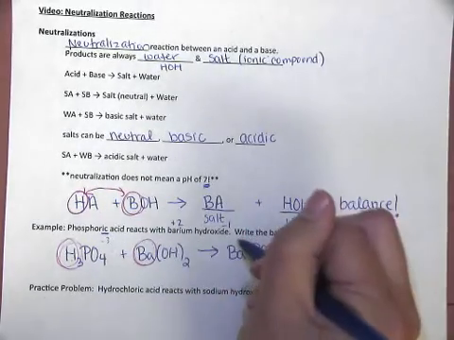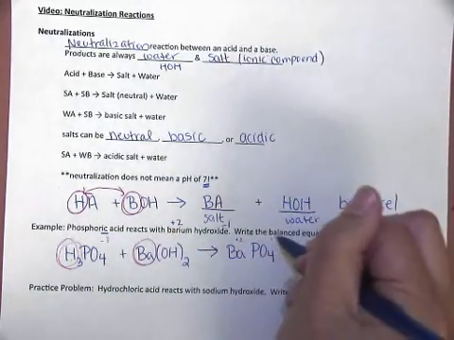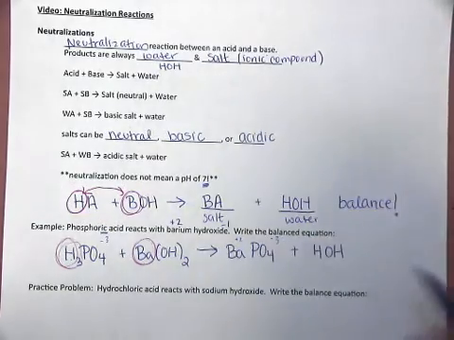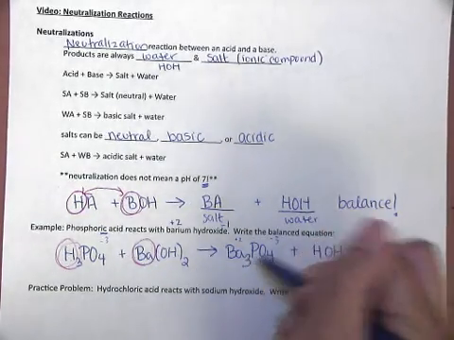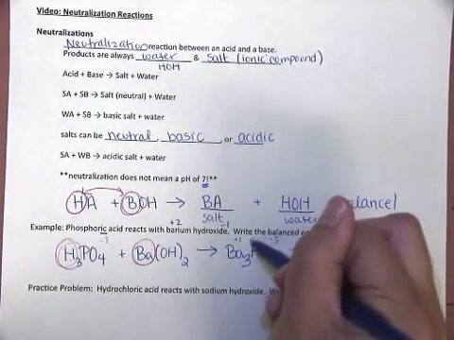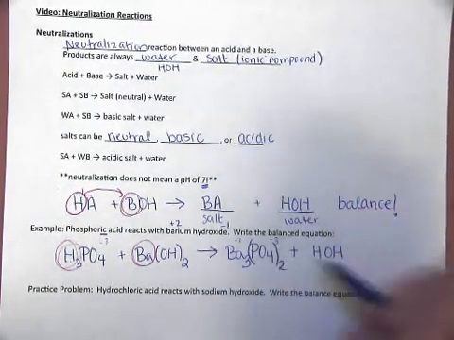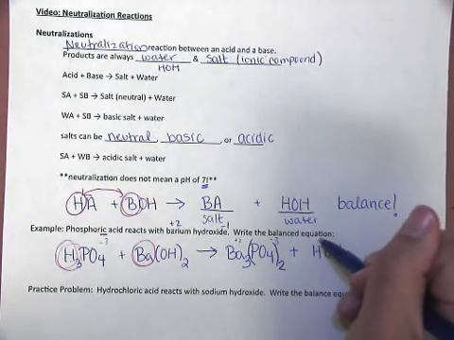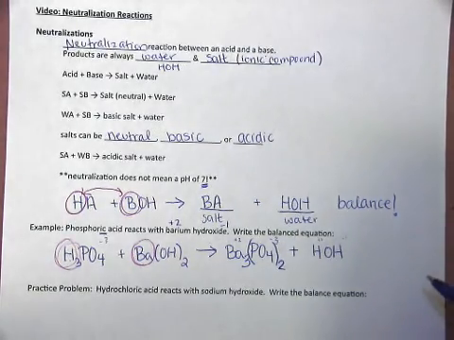Barium has a charge of +2. Phosphate has a charge of -3. They crisscross down, so I get Ba3. PO4 is a polyatomic, so I have my parentheses around it, and the 2 comes outside. Hydrogen is +1, hydroxide's -1, so they crisscross and cancel out.